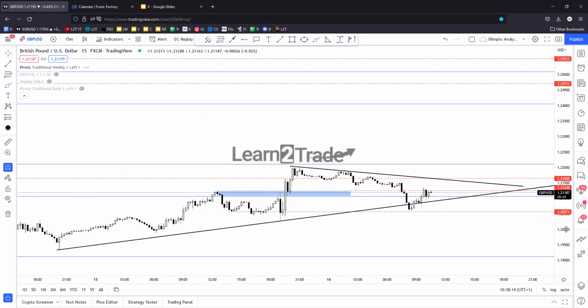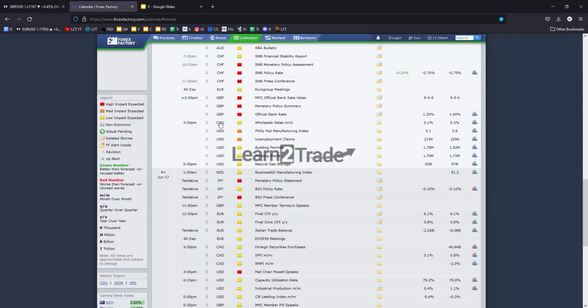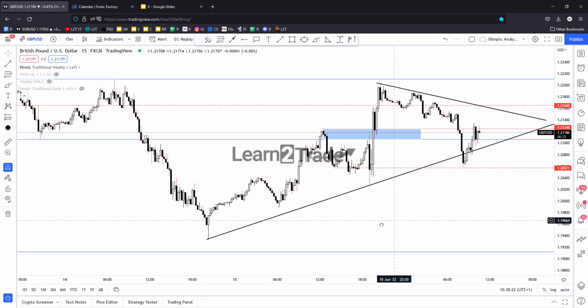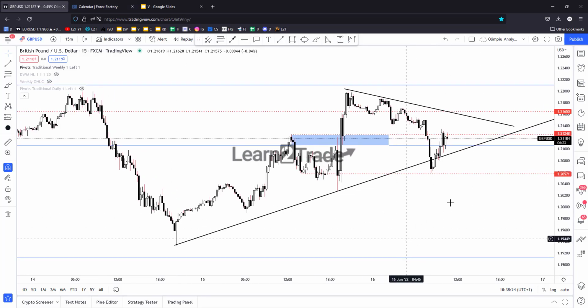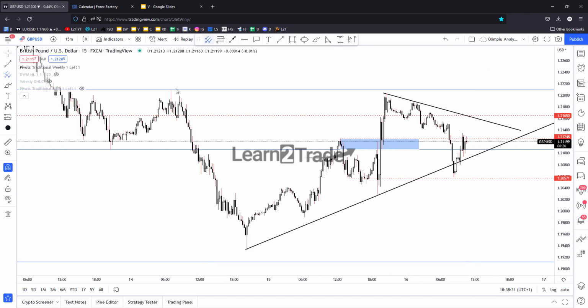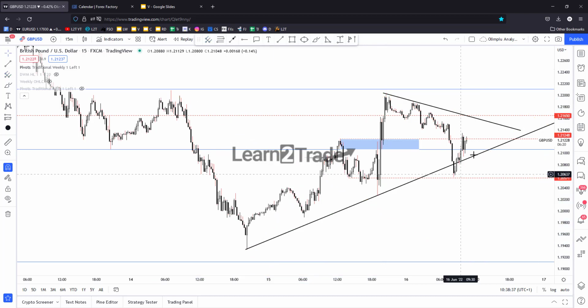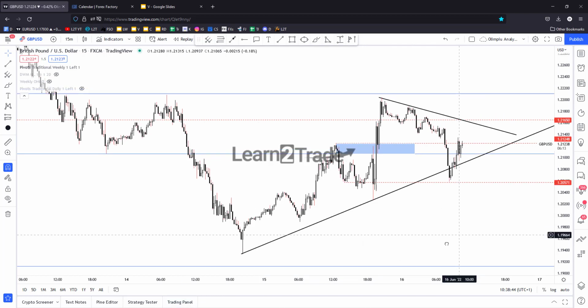I'll wait for the official bank rate to be released, and then I will decide if I will go short or long in the short term, because right now the price needs to escape from this maybe triangle pattern, this sideways movement, before it will bring us new opportunities.